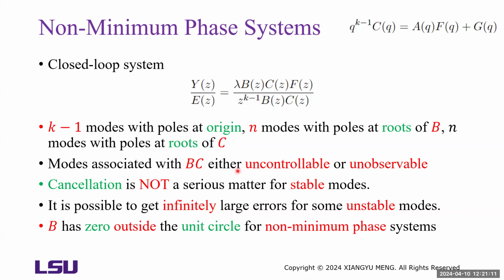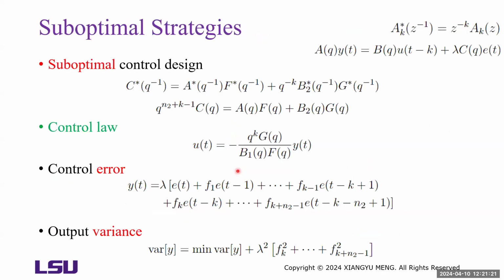The closed loop system does not contain any unstable modes. So one possibility is to proceed as follows. Let's design a suboptimal control. We will need to solve this identity to find F and G.